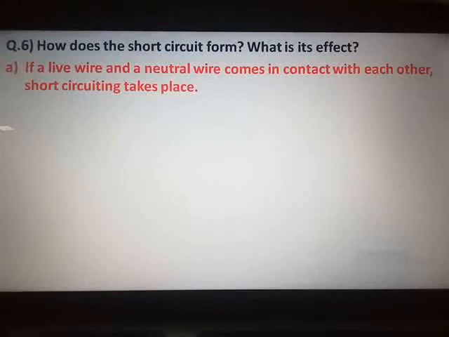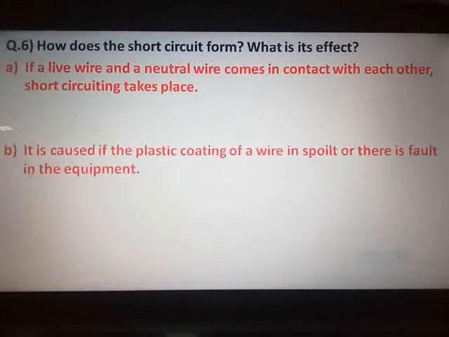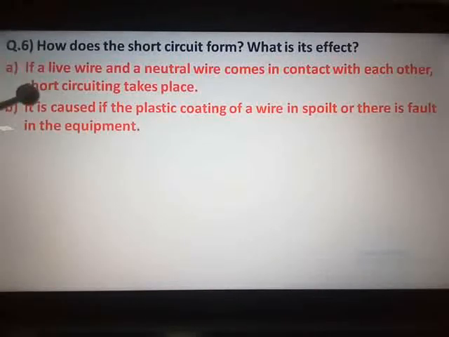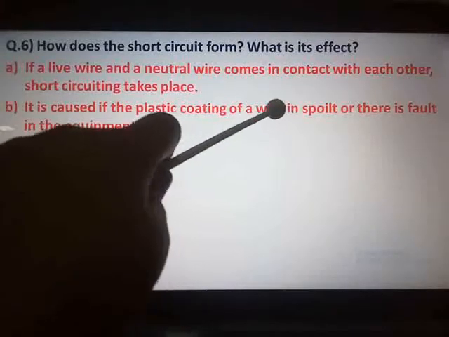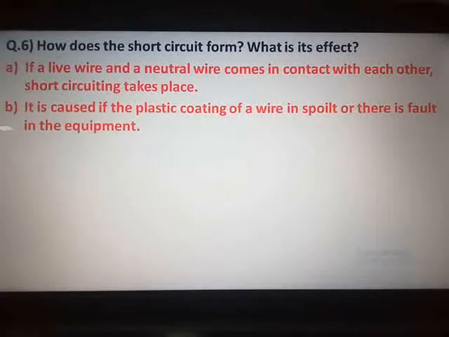Due to a fault in the equipment, or if the plastic coating on the live and neutral wire gives way, then the two wires come in contact with each other, a large current flows, and that is short circuit. So first point is when live wire and neutral wire come in contact with each other. Second, how is it caused? If the plastic coating of the wire is spoiled or there is a fault in the equipment, then only live wire and neutral wire can come in contact with each other.